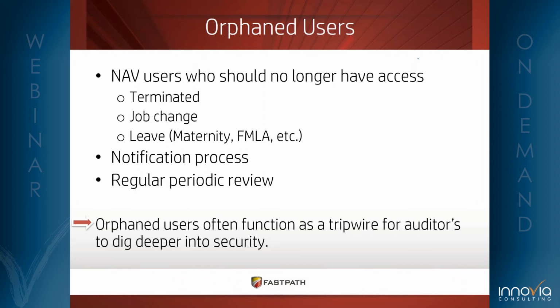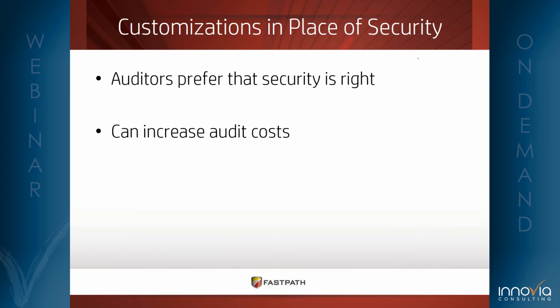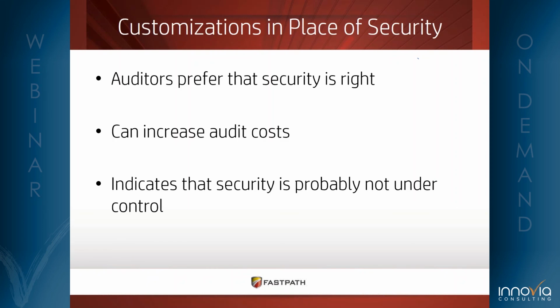And one thing to really understand is that orphan users often function as a tripwire for auditors. If they start to see orphaned users, they then start to think that you might not have a good handle on your security. Okay, so then the next area that auditors tend to look at is customizations in your software.